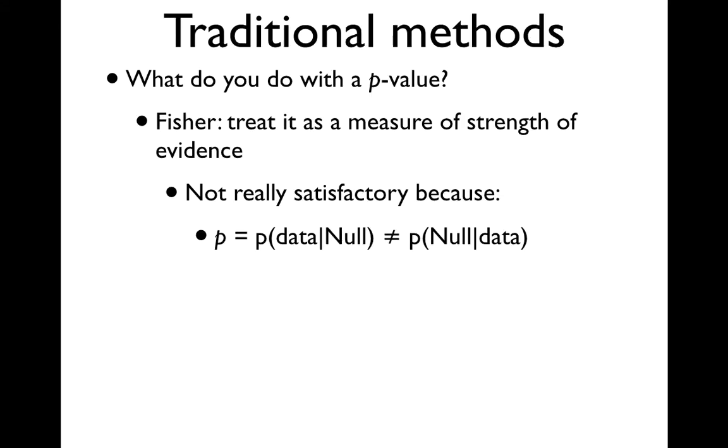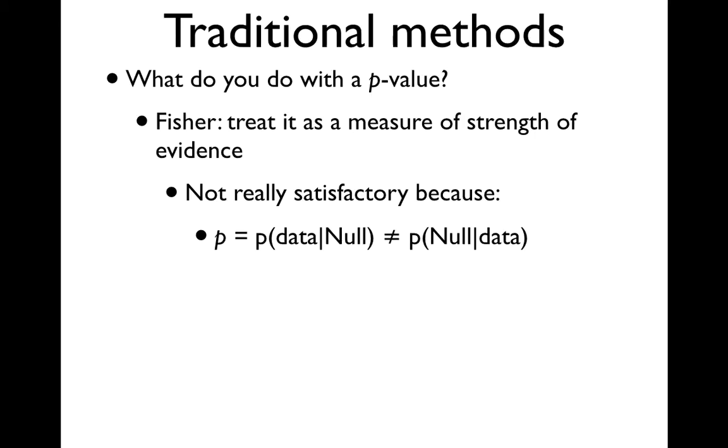That's saying we're going to imagine a world in which the null is true, and now we're going to see where in that distribution our actual data value falls, our real world value falls. And it's critically important that that value, the probability of data given null, is not equal to the probability of the null given the data.